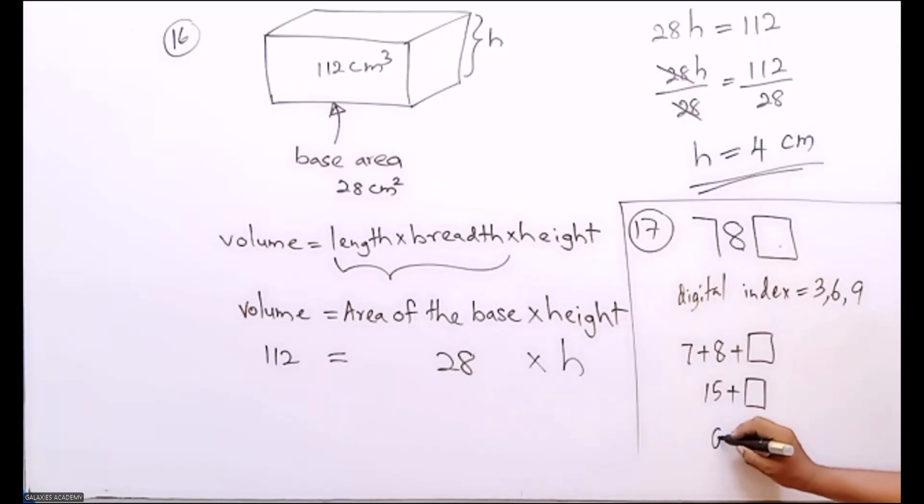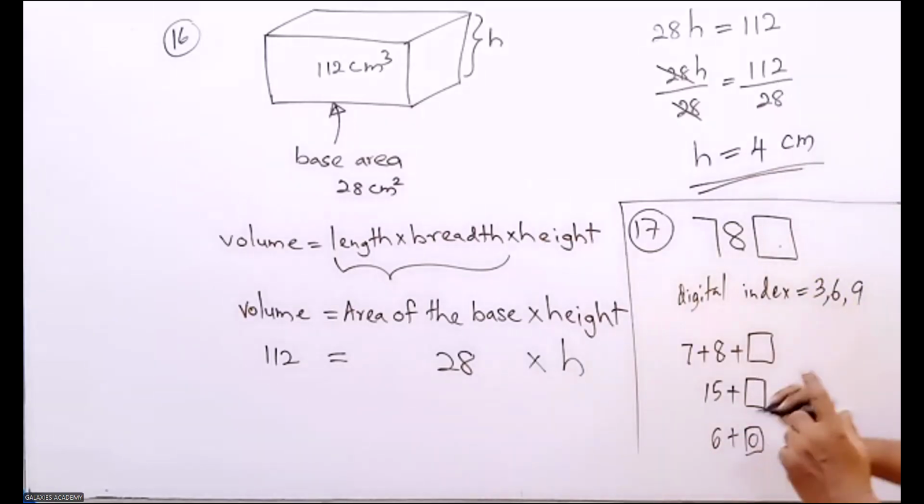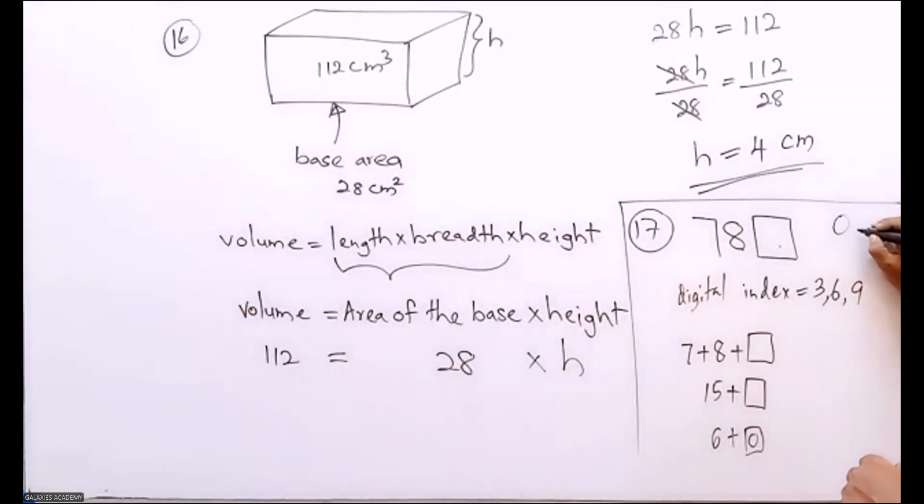So 6 plus this value. Right. So what are the suitable values for this blank? 0 is suitable, no? One suitable value is 0. Then another suitable value is 3. You have to write 2 digits.